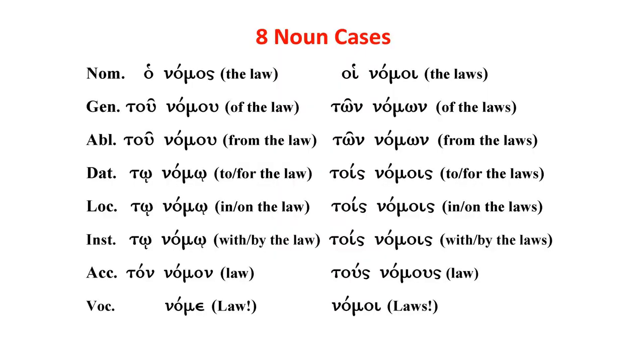And again, just to review, the very last case form, the 8th case form, is what's called the vocative, from vocalizing. And this is the case of address, as if we were speaking directly to the noun and giving it an order or a command or something like that.